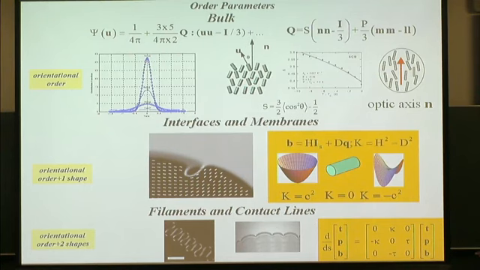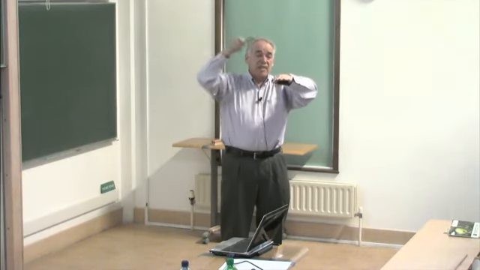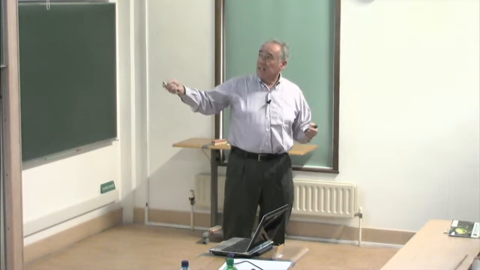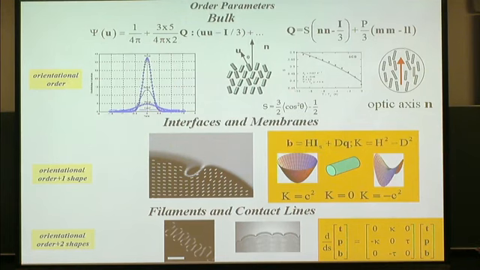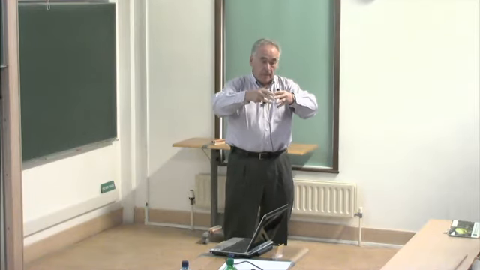For some problems, for example, if you want to describe a system that is like a soft membrane with embedded fibers inside the membrane, the fibers are described by a Q tensor, and the membrane elasticity is described by the curvature tensor. You put B and Q together.